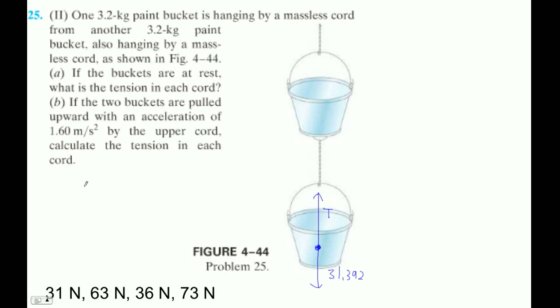So for the lower bucket, the tension minus 31.392, and now they're accelerating up at 1.6, equals 3.2 times 1.6. So now I can figure out the tension. It's going to be 31.392 plus 3.2 times 1.6. That's 36.512.